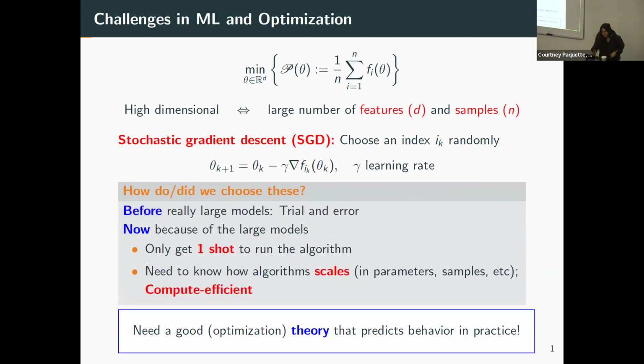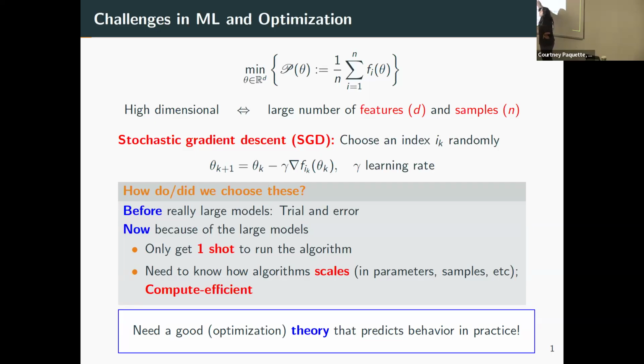So how do we choose these things? Before we got really, really big models, like billions, trillion size models, we literally did this by trial and error, right? You would just run it, test the hyperparameter, see if it worked. If it didn't work, rerun it, try it again. But nowadays, because these things are so big, you can't do this.